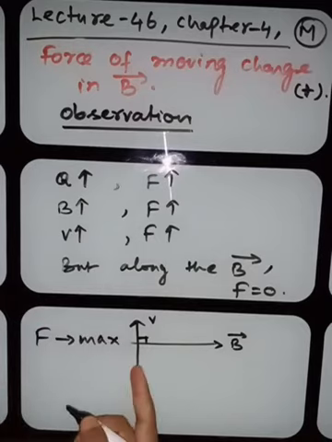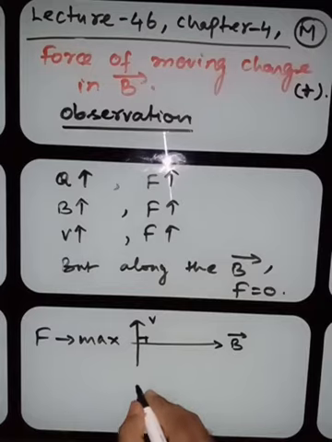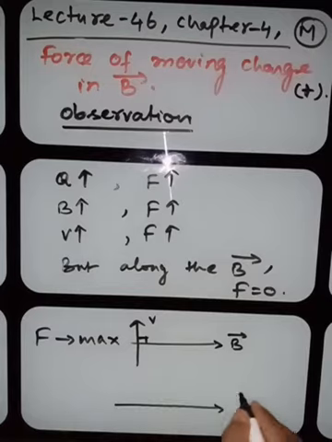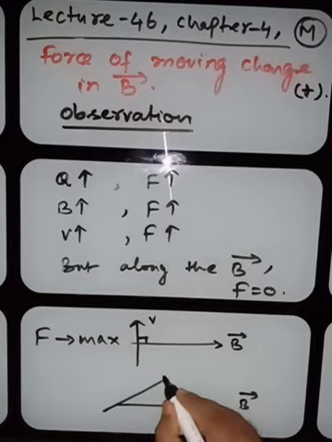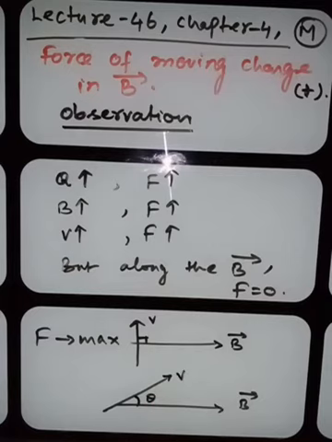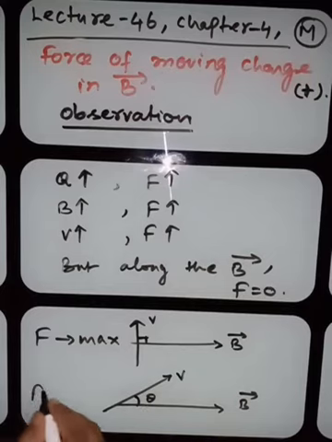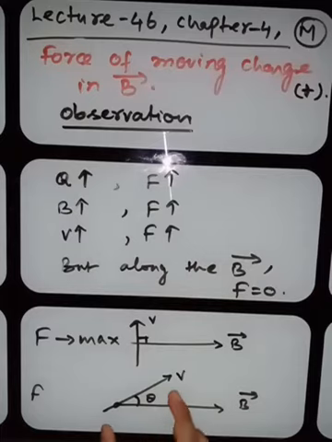But if we project it at a certain angle, then the force decreases. Could you find the component of this V? This component of V will be V cos theta. It means there is no force due to this V cos theta.